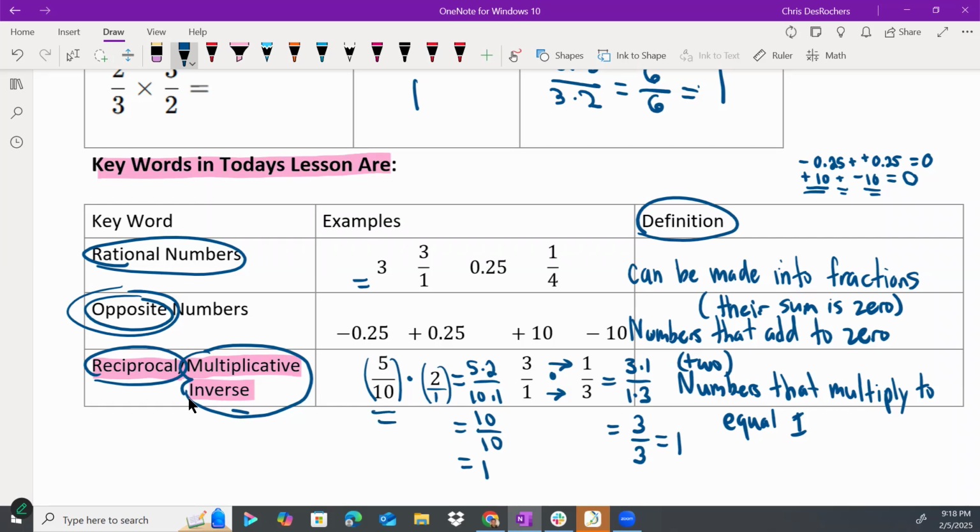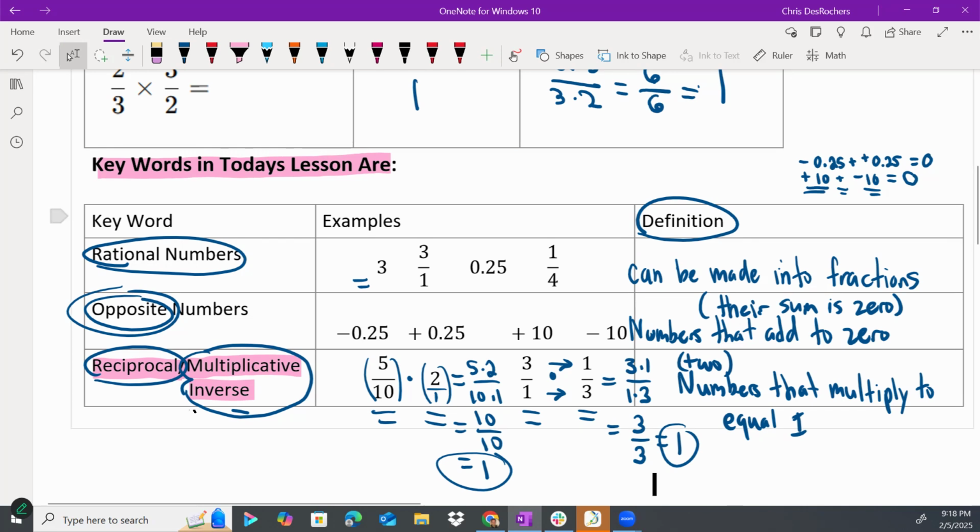So here we had 5/10 times 2, or 2 over 1, and we ended up with 1. Or we had 3 over 1 times 1/3, and that ended up being equal to 1.